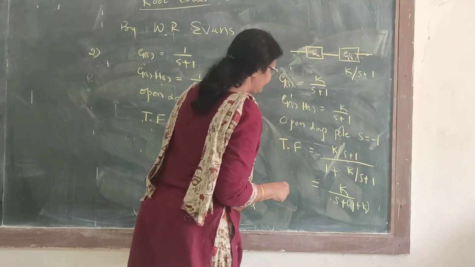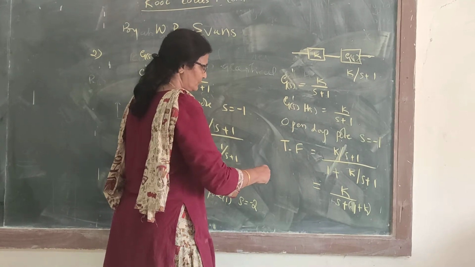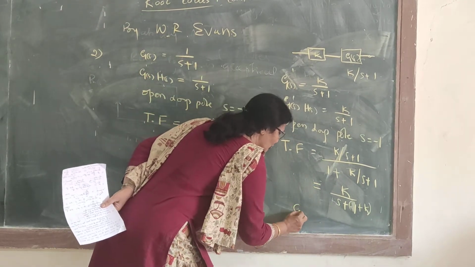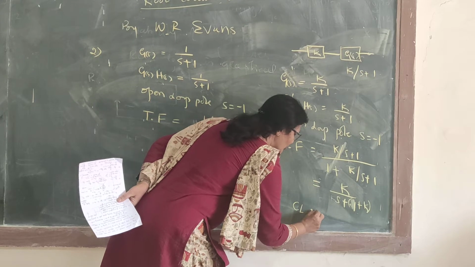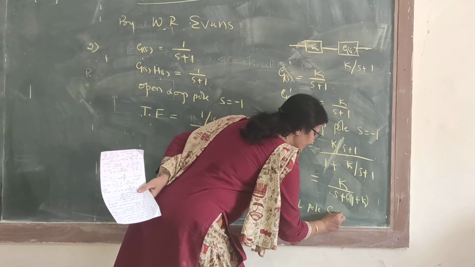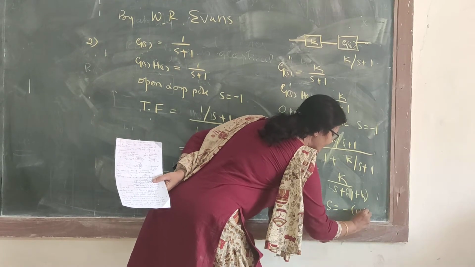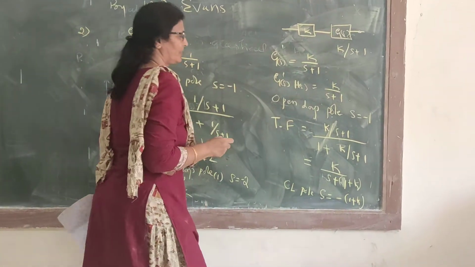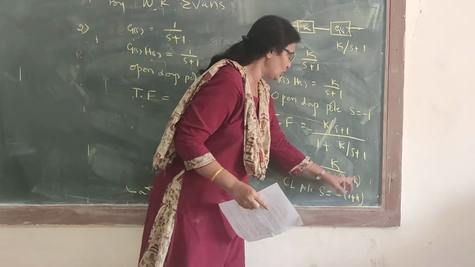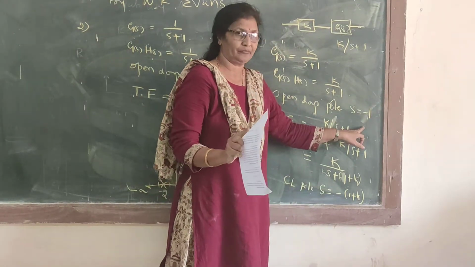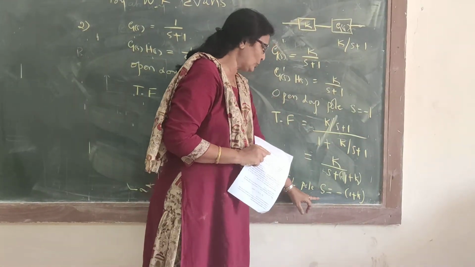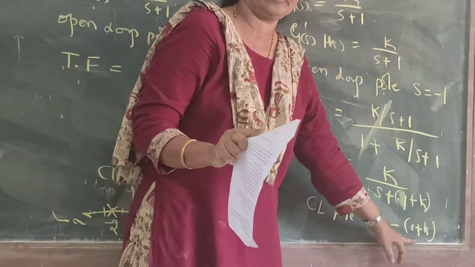Here the closed loop pole is s equal to minus 1 plus k. See, the open loop pole is free from k, but the closed loop pole is a function of k.